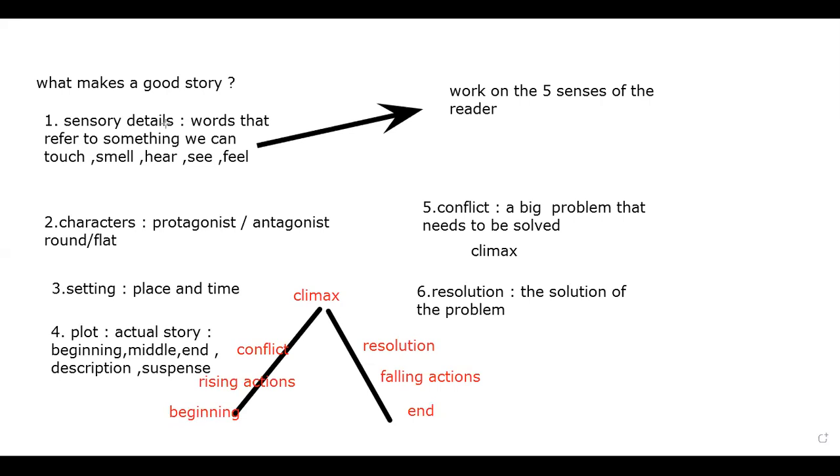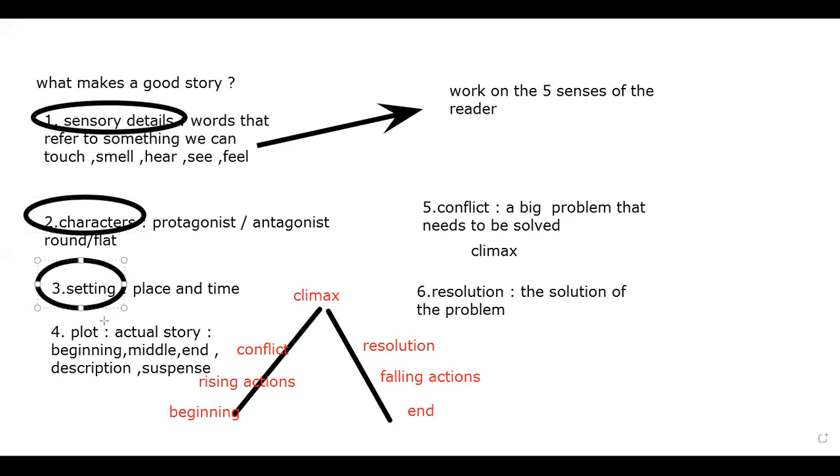So before you start writing a story, you need to put those elements in front of you so that you can make a good story. You need to put characters and setting and plot and conflict. And when you come to describe the story, use sensory details.